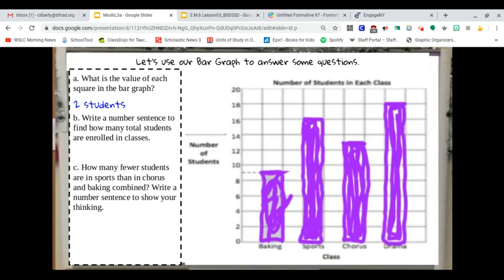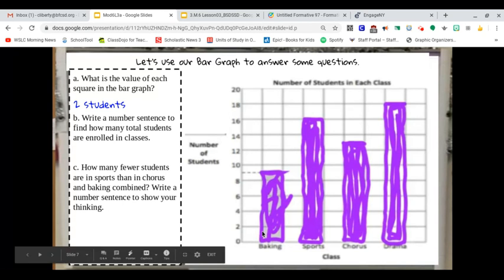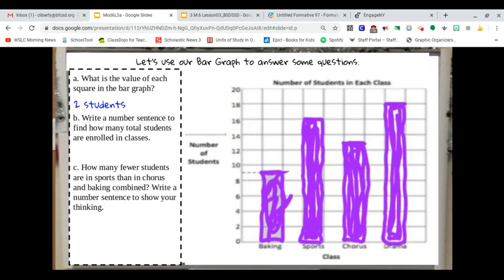So baking plus sports plus chorus plus drama equals the total number of students on our graph. So we've got 9 plus 16 plus 13 plus 18, and that gives us 56. And if you don't believe me, you can do the math for yourself, but trust me, it's 56. Okay, last question.